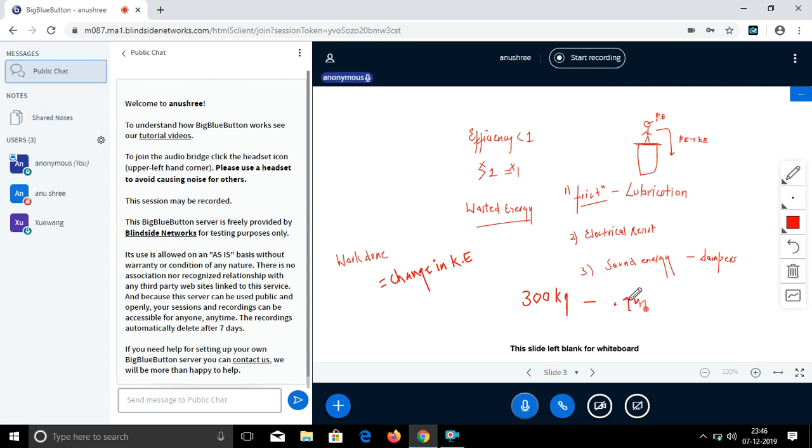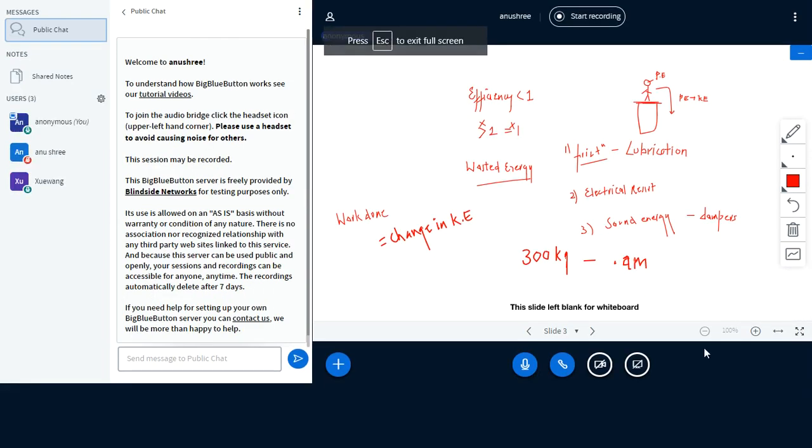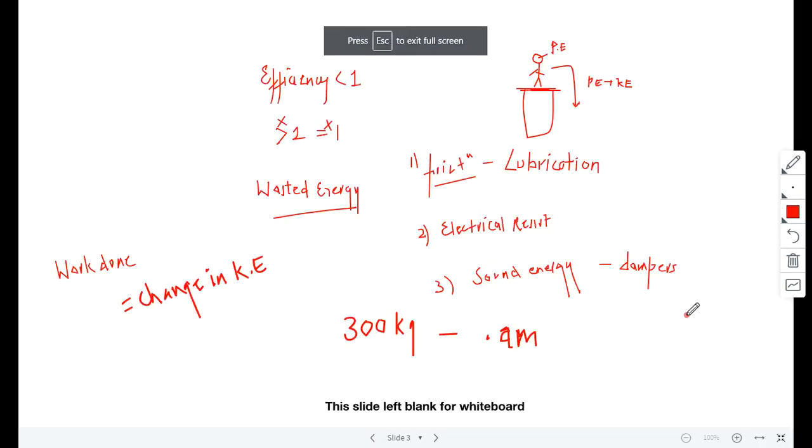I'm just reading out the question. That's a very simple question. So you have to calculate the work done by a man in deadlifting 300 kg to a height of 0.9 meters above the ground.